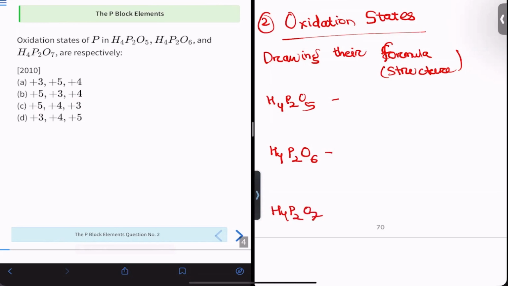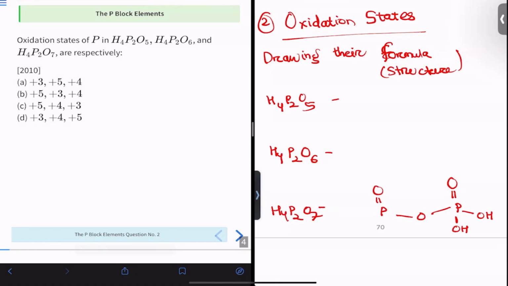H4P2O7 can be drawn as P double bond O, P single bond OH, P single bond OH, single bond O. You have to remember this, guys, or else it's very difficult. You can see a table in NCERT in the P block.